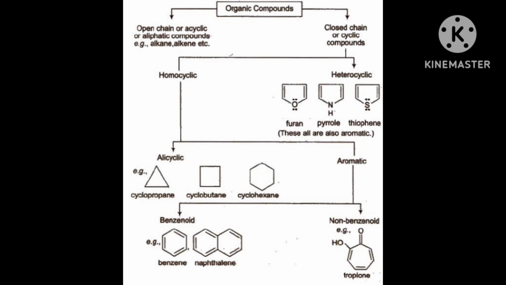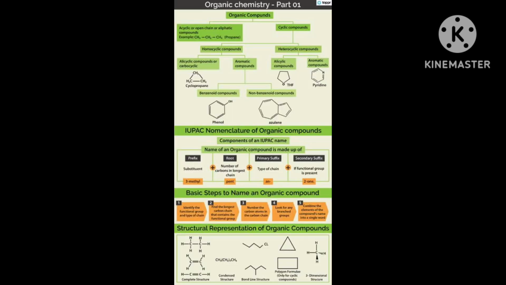Double bond means ENE. And 6 carbons were there, hence the name hexene. Hex means 6, and if any double bond is there, then the name will end in ENE.